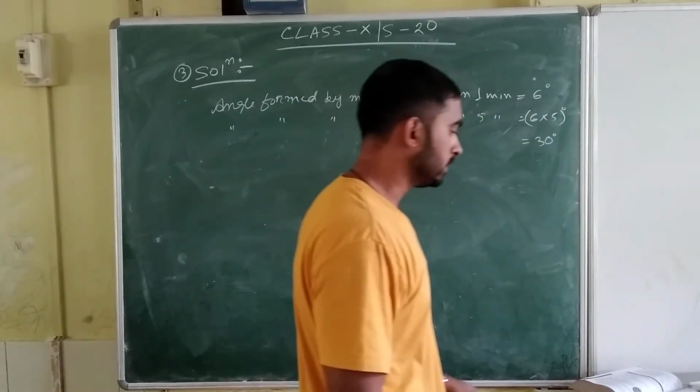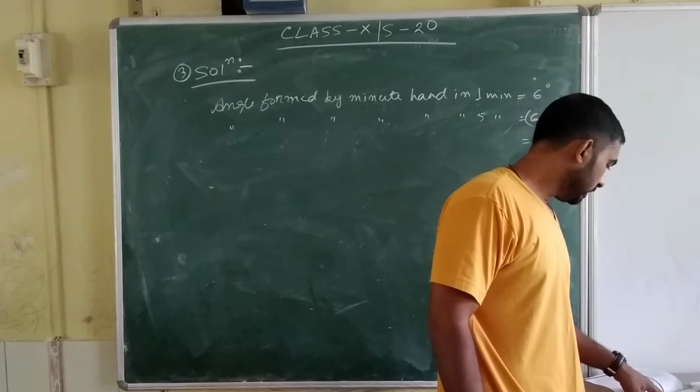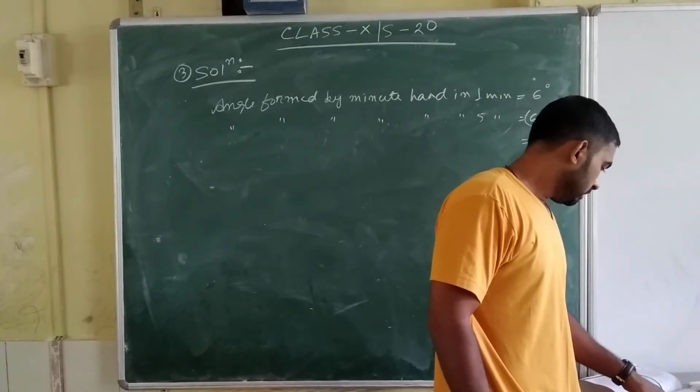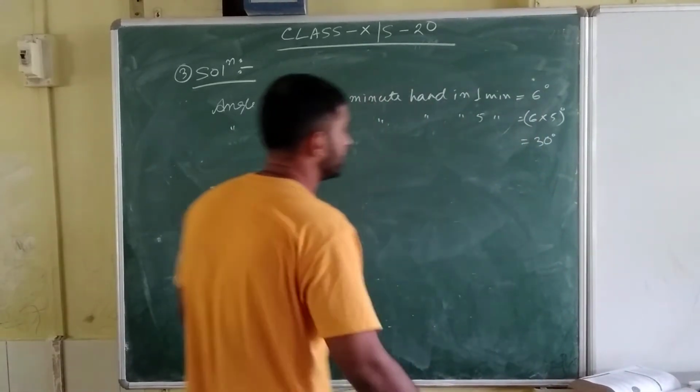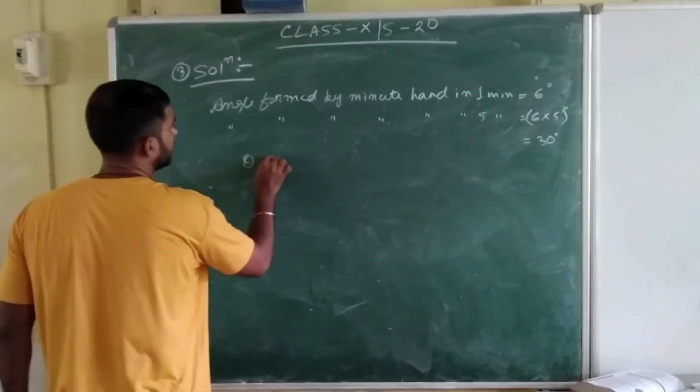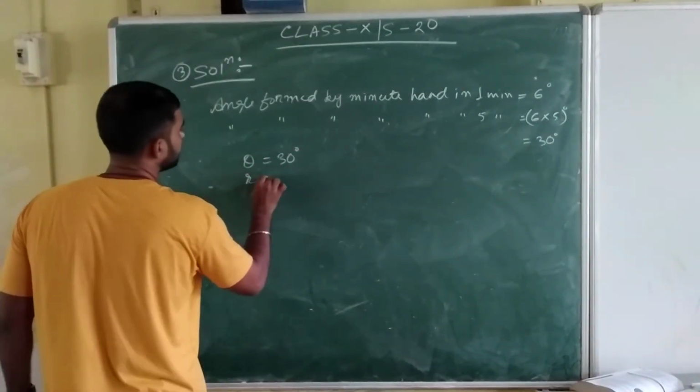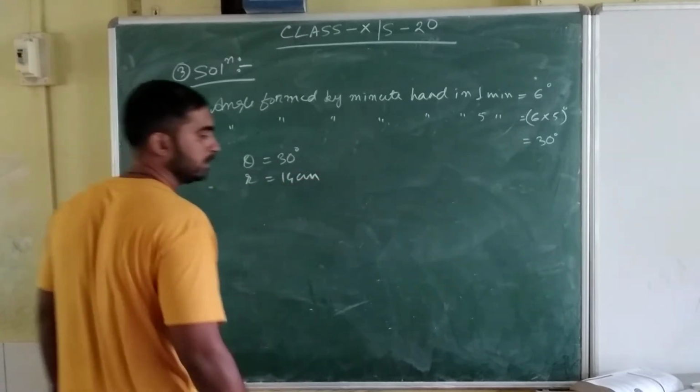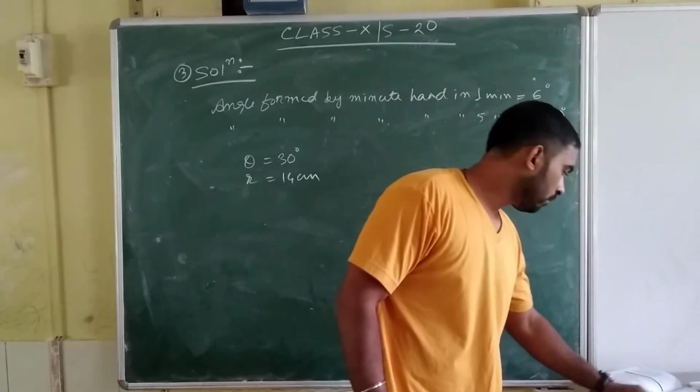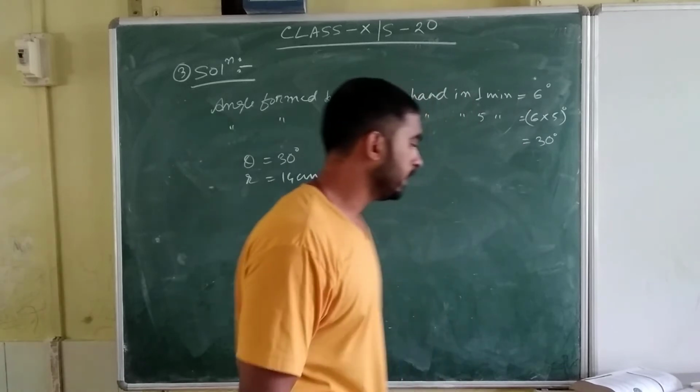Then the radius is given, 14 centimeter. Therefore theta equal 30 degree and radius equal 14 centimeter. So find the area.